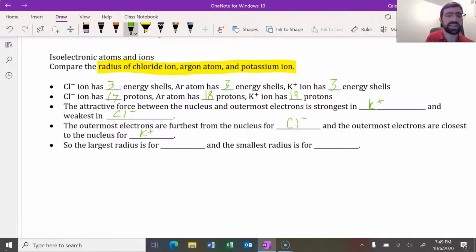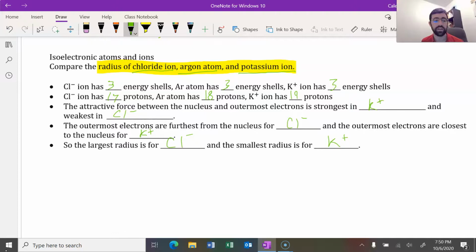This seems counterintuitive because it looks like it's going against what the trend says, but when you're comparing a negative ion, an atom, and a positive ion, the only way we'll ever do that is if they're isoelectronic. They have the same number of electrons, which is what we do here. So the largest radius in this case would be the Cl- ion, and the smallest radius would be the K+ ion.